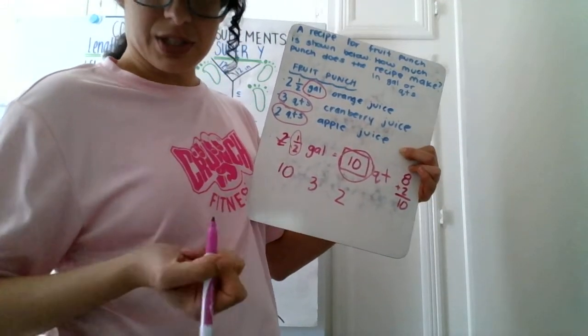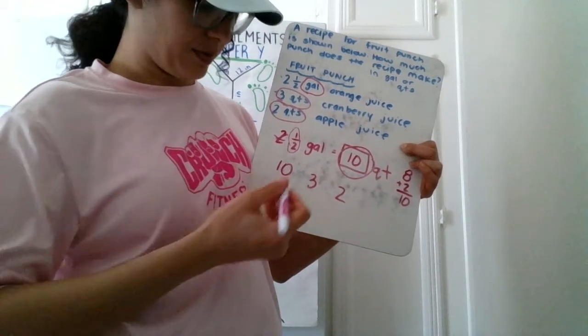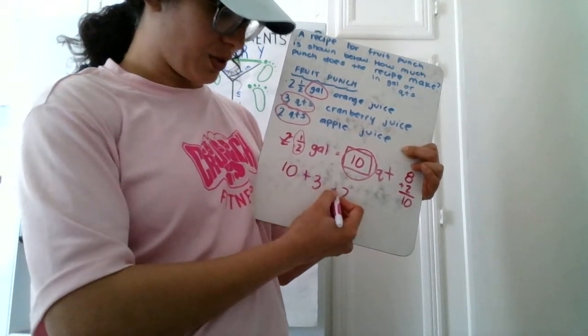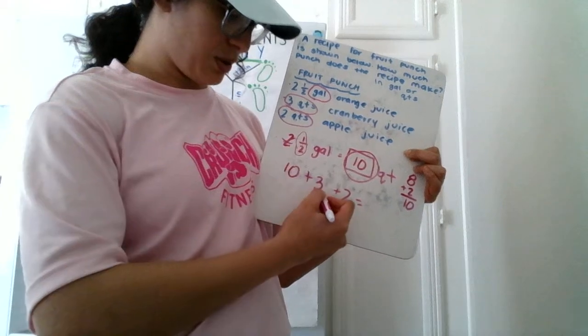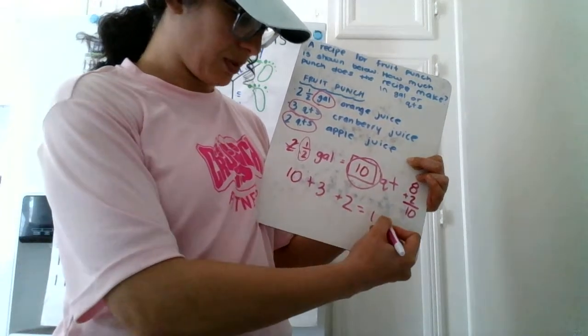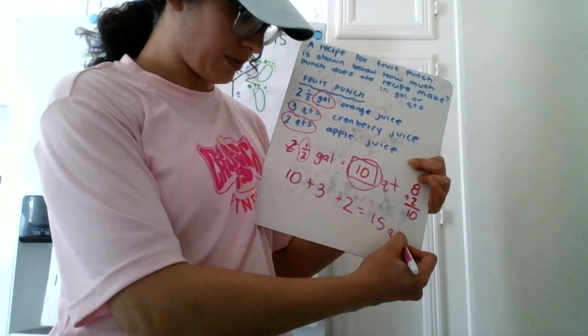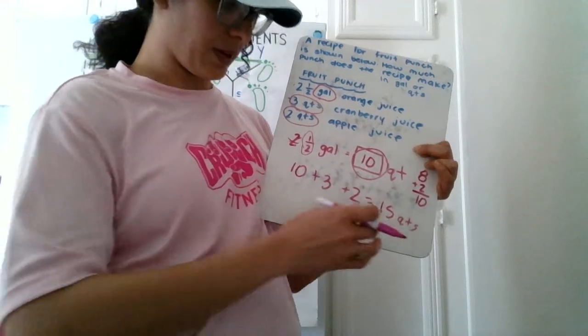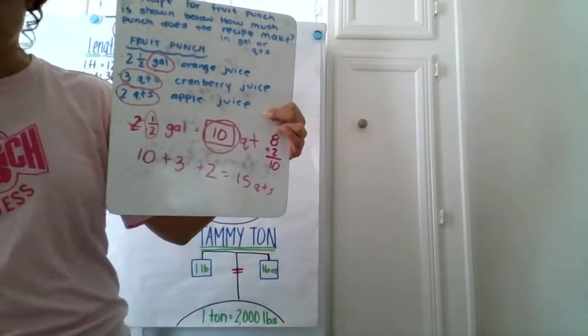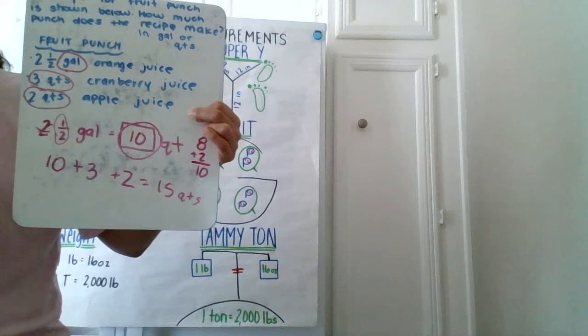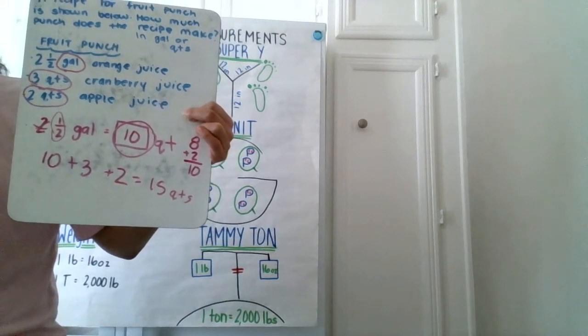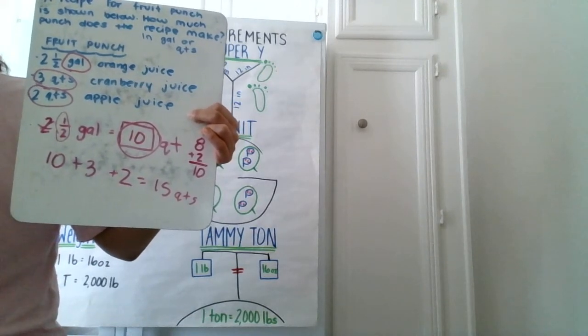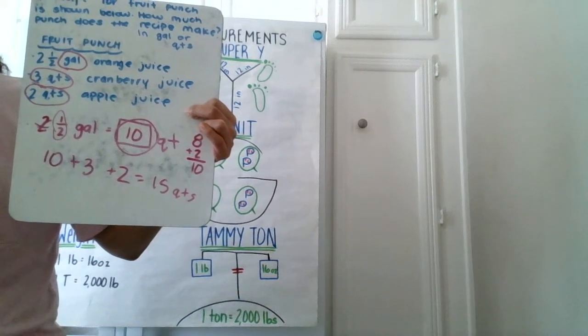How much punch is this going to make in quarts? We should add these. So 10 plus 3 is 13 plus 2 is 15. Okay. So there's that. Let me check it to make sure that I did it correctly before I mess you guys up.